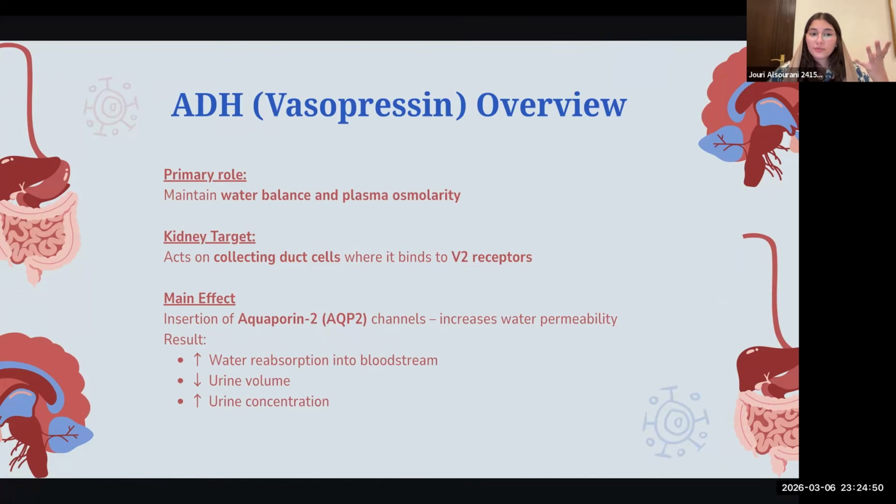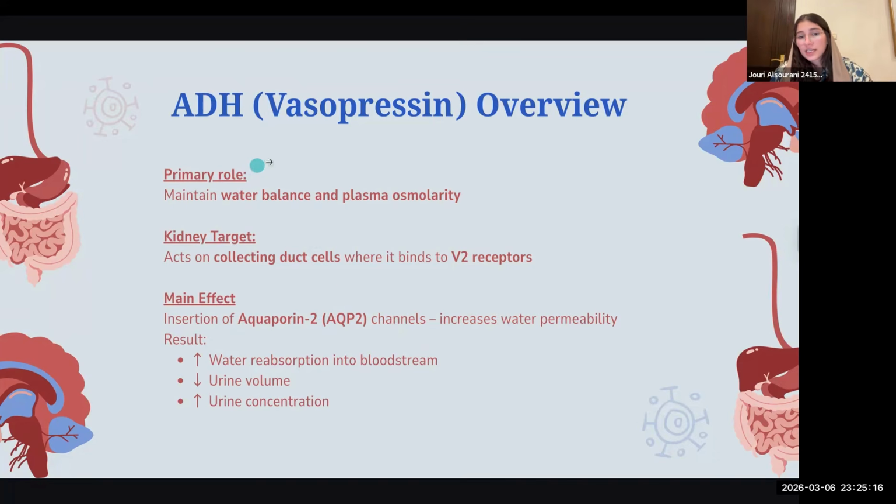The target of ADH primarily is going to be the collecting duct cells of the kidney. There, when ADH goes to the collecting ducts, it will bind to receptors called V2 receptors. Once it binds to these V2 receptors, we're going to have insertion of aquaporin 2 channels into the collecting ducts, and this is what increases water permeability.